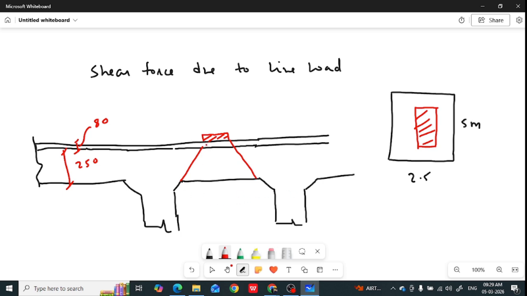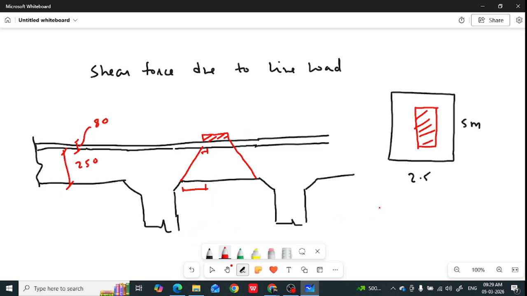The dispersion is in 45-degree direction. So the depth is 80 mm and this dispersion will also be 80 mm. And since this depth is 250 mm, this dispersion will also be 250 mm. So the distance in the horizontal direction with respect to this dispersion is 80 mm plus 250 mm, and this is also 80 mm plus 250 mm.